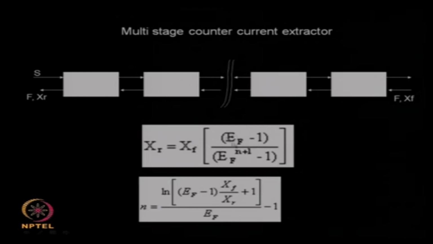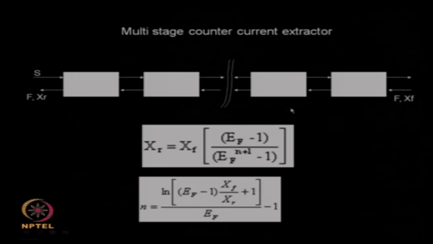EF is your extraction efficiency, N is the number of stages. EF is nothing but SK divided by F, okay. S is the amount of solvent you take and F is the amount of broth or the aqueous or the heavies you take, okay.